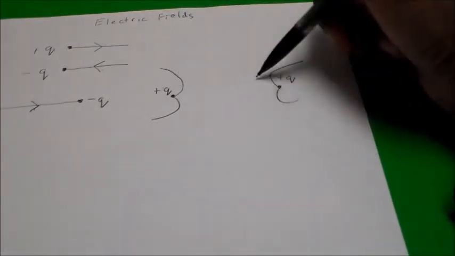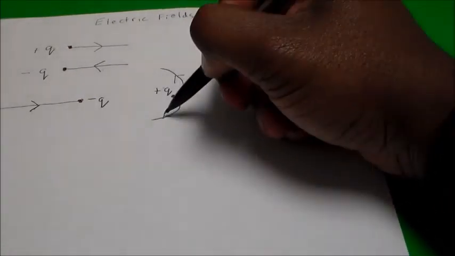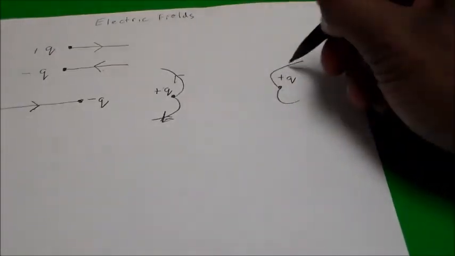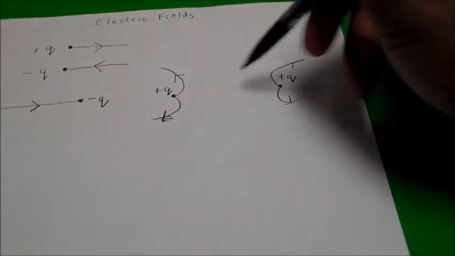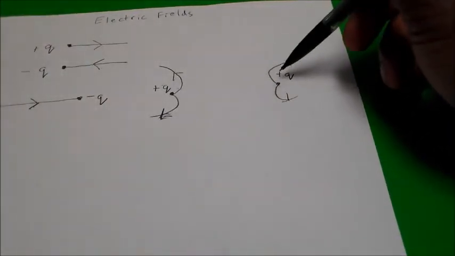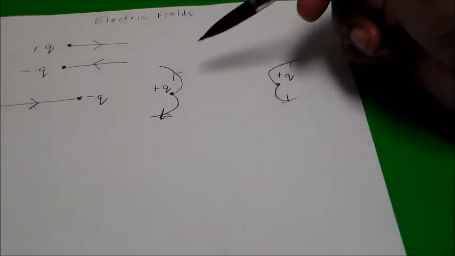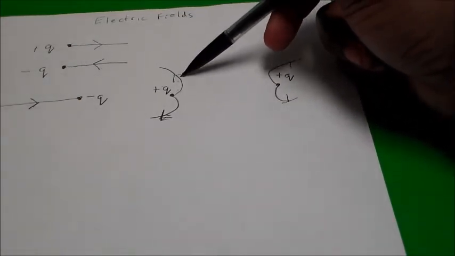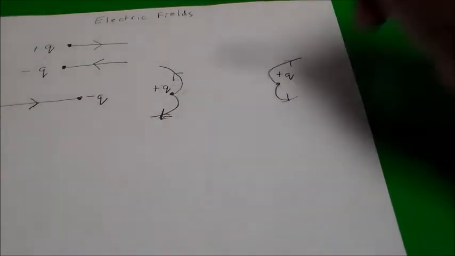Since they're both positive, the field lines will be pointing away from the charge in both cases. If we had both negative charges, the only difference would be that the arrows would be pointing towards the negative charges.